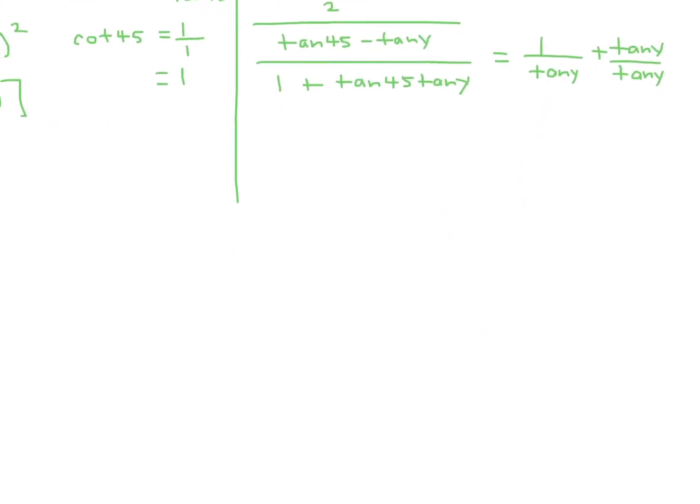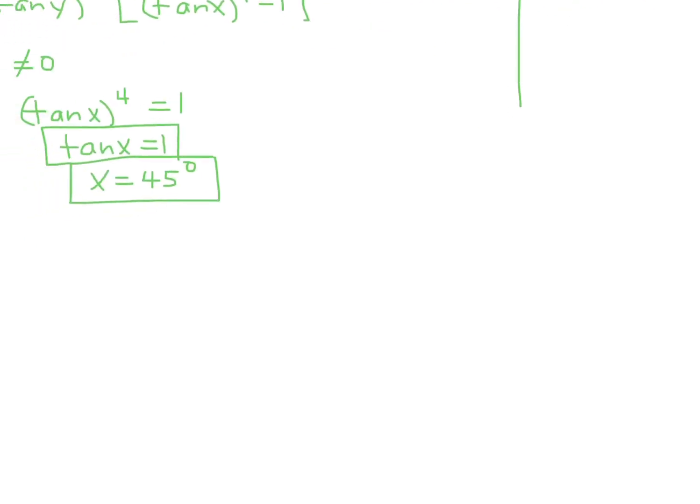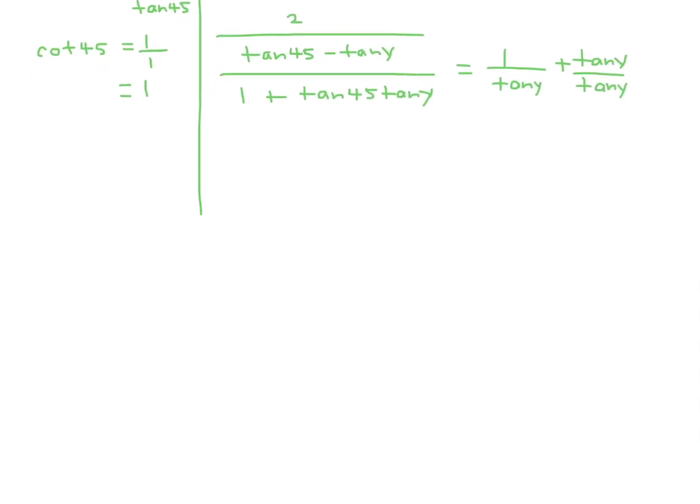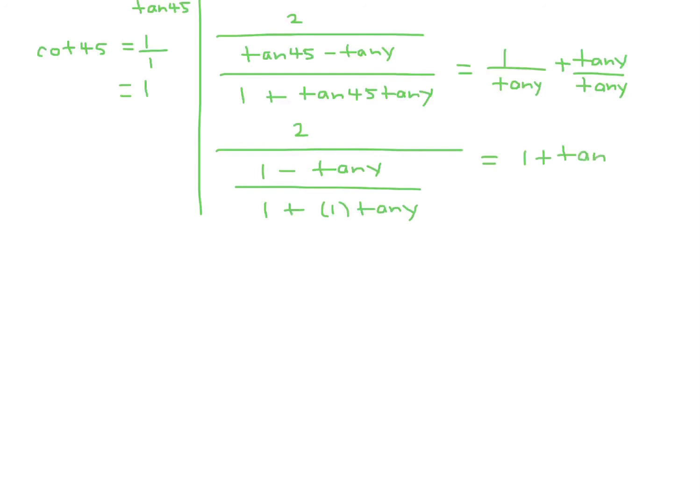Okay. Now the tan of 45 we know is 1. So I'll keep that in the equation. So I got 1 minus the tan of y over 1 plus 1 times the tan of y. All right. So this just becomes 1 plus tan y over tan y, like that.